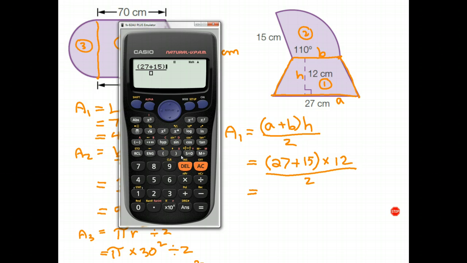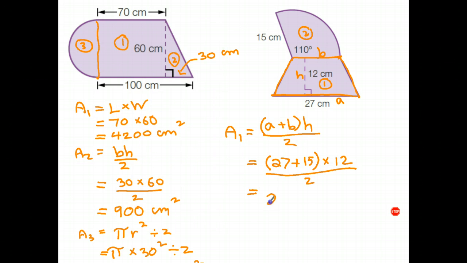So 27 plus 15 in brackets, multiplied by 12, down arrow, all divided by 2. I don't need to go to the right. I could do that, but I don't have to. And then equals, and that gives me 252 square centimeters. So 252 centimeters squared.